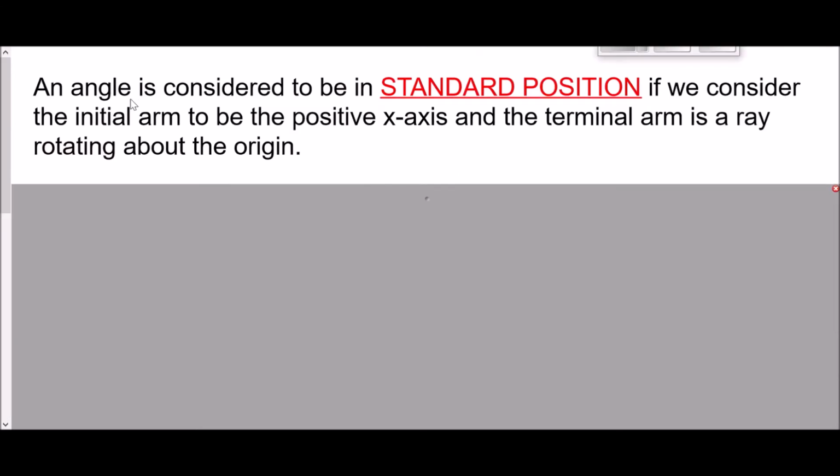Okay, so next, an angle is considered to be in standard position. So, what do I mean by standard position? If we consider the initial arm to be the positive x-axis and the terminal arm is a ray rotating about the origin, like this.